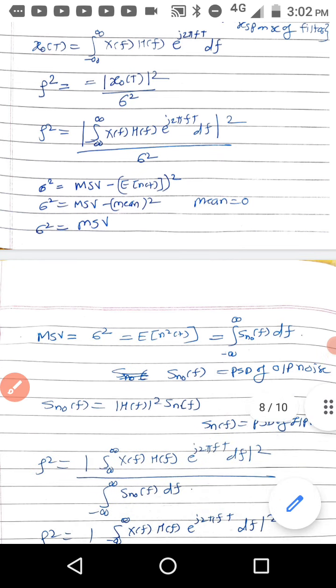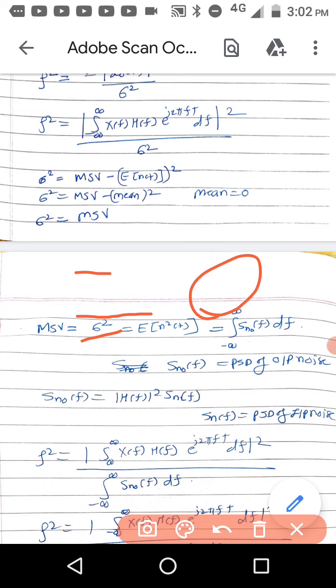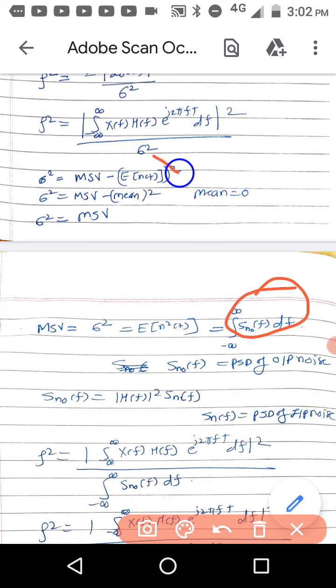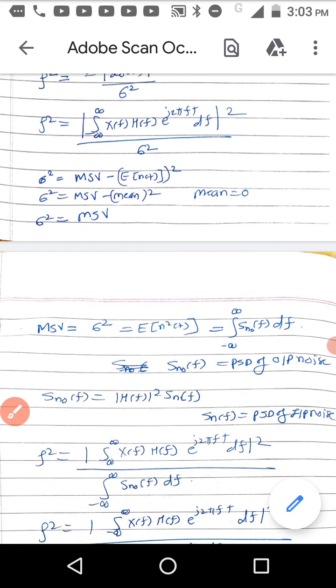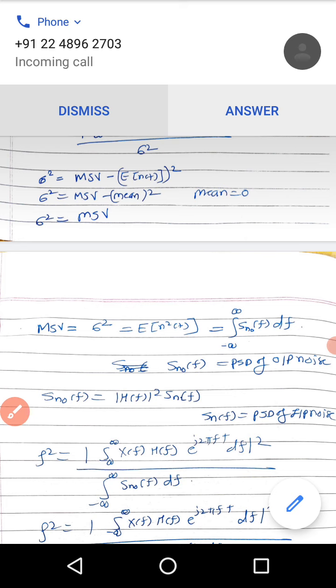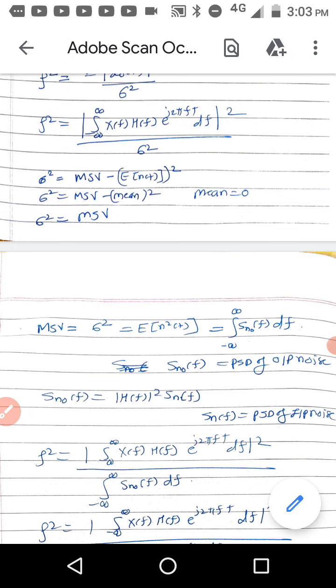The mean square value is given by the integration of the output PSD, because sigma square is the output noise power, which is given by integration over the output noise PSD.